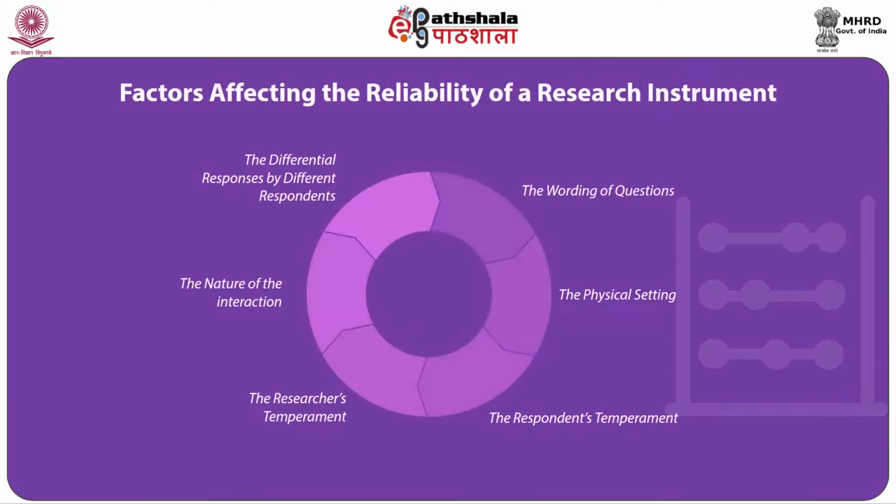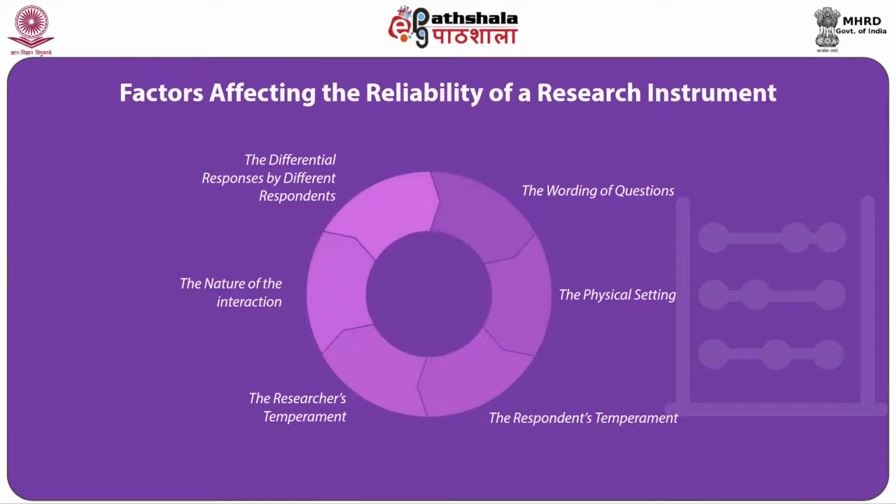Fifthly, the nature of the interaction. Generally, in an interview situation, the interaction between the researcher and the respondents can affect the responses significantly. If such interaction changes in repeated interviews of the same respondent or with different respondents, there is a possibility of affecting the instrument. The next one is the differential responses by different respondents.